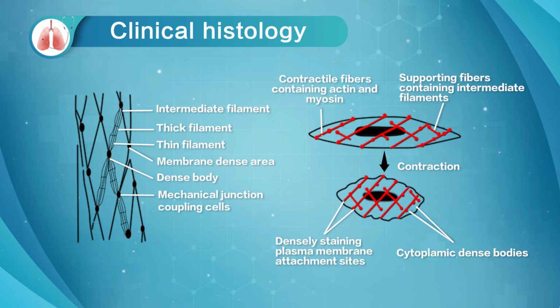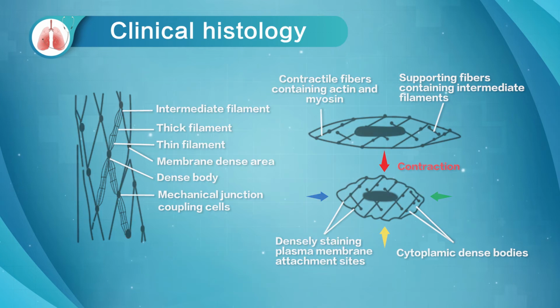The myofibrils in smooth muscles are arranged into networks, rather than uniformly aligned like those in the skeletal or cardiac muscles. Therefore, when a smooth muscle contracts, the forces squeeze the cell from many directions, and as a result, the cell becomes corkscrew-shaped upon contraction.